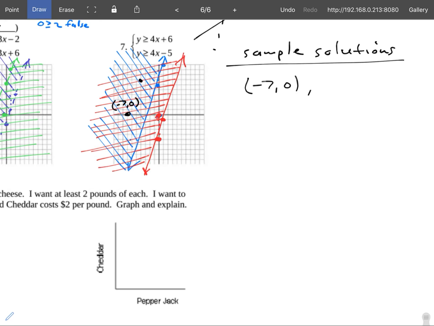And let's pick another one. Maybe right here. I think that's -4, 7. That would also be a solution.